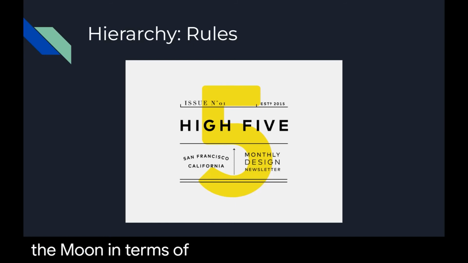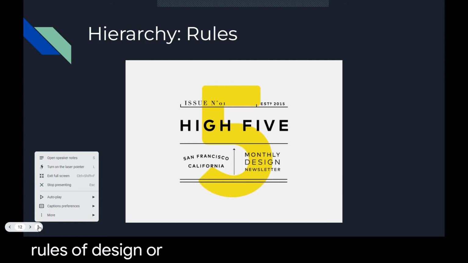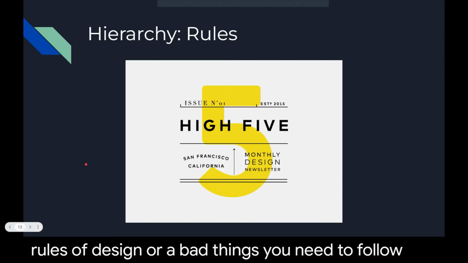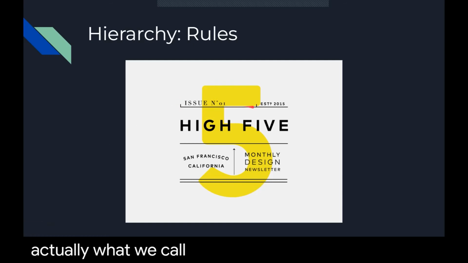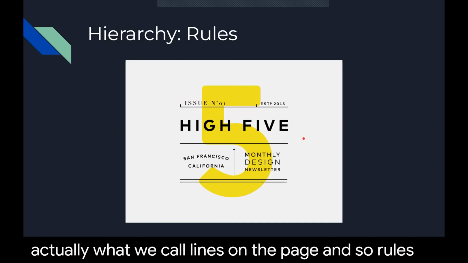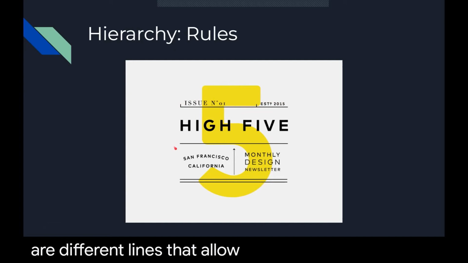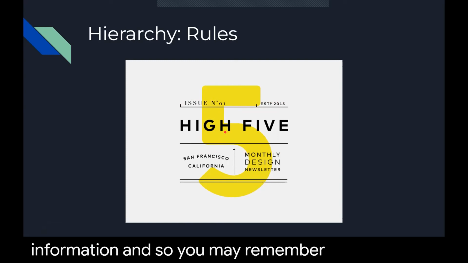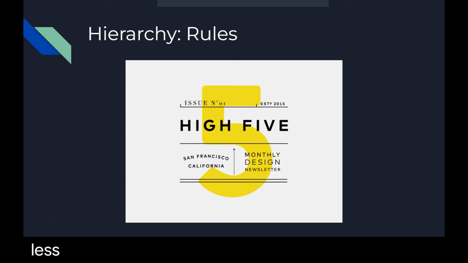In terms of rules, what I mean here is not rules of design or things you need to follow. It's actually what we call lines on the page. And so rules are different lines that allow the eye to break up bits of information. And so you may remember from our font lesson that I said, don't use the underline feature when you are using font.